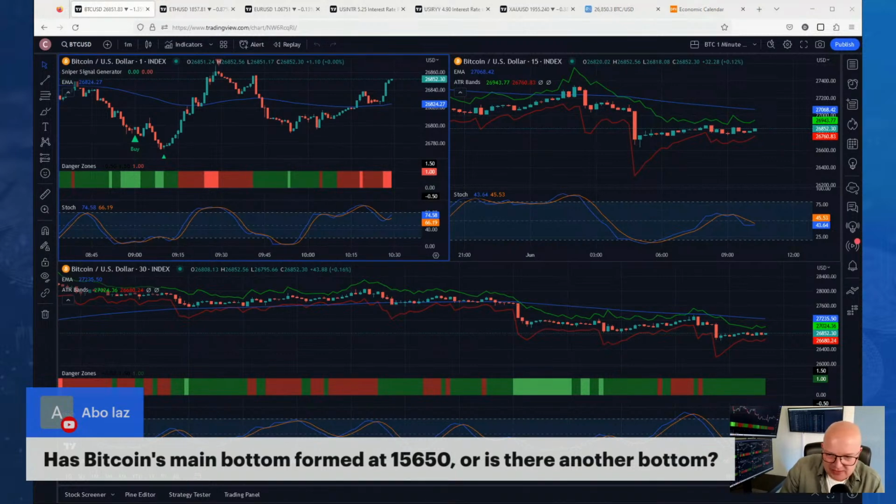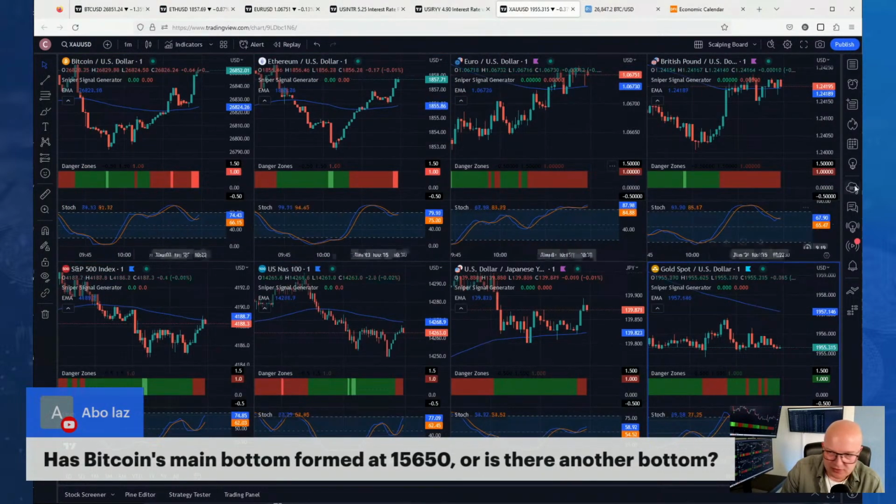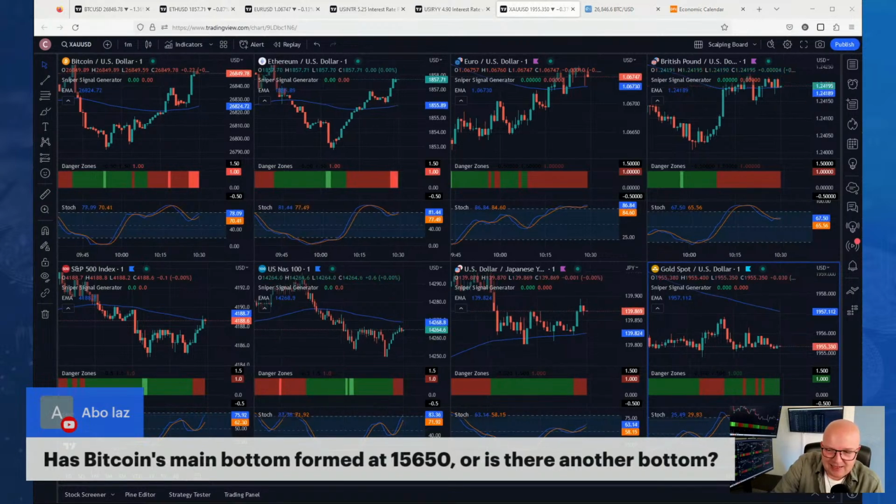So circling back to your question here, Abo, it could be that there's going to be another bottom, but I wouldn't count on it. If you're long-term into crypto, buy a little bit every week or every month when you have some leftover money, then you're not going to try to catch up to the markets when we really start running.